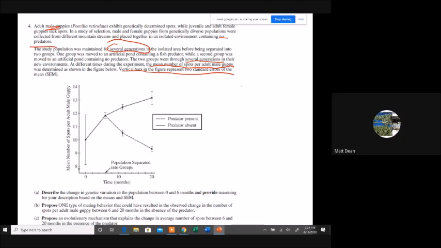What I want you to remember about that standard error of the mean is it's derived from the standard deviation. And by the way, this is the formula. It's on your formula sheet. It's the standard deviation divided by the square root of the sample size.